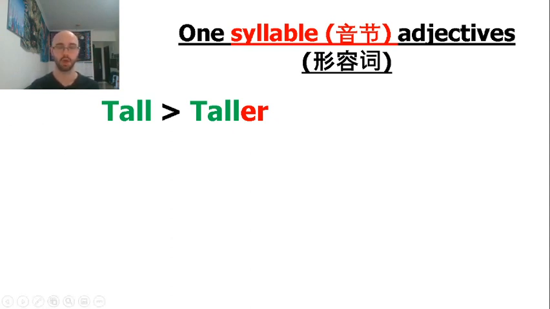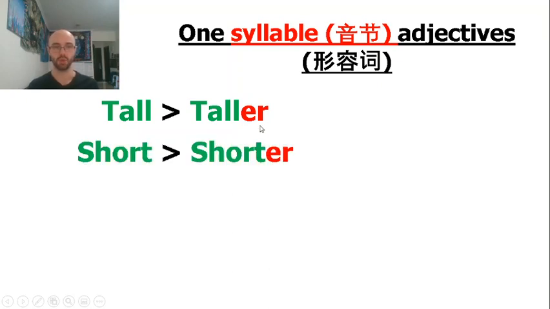Tall. You can try clapping for syllables. Tall, tall, tall. One clap, one syllable. So tall, when we compare, becomes taller than. Short, again, how many syllables? Short.